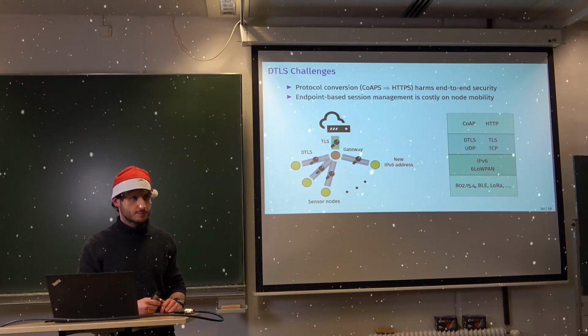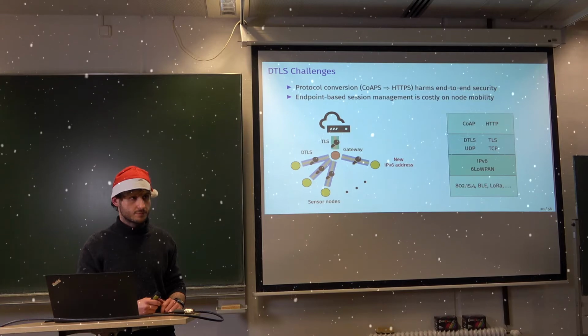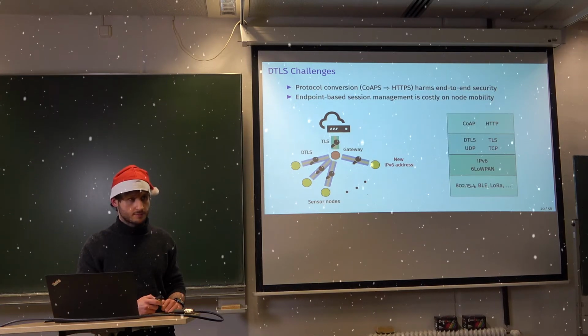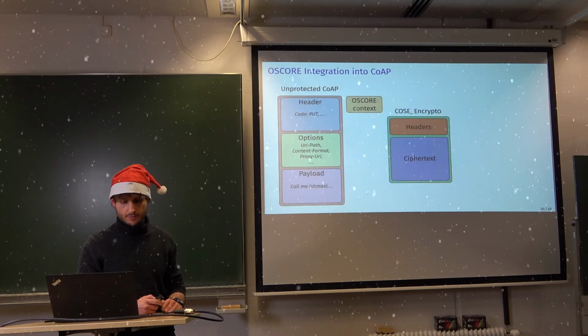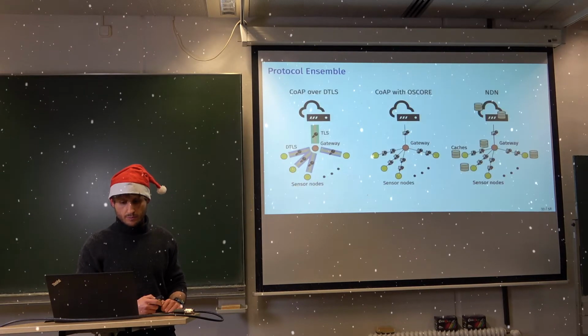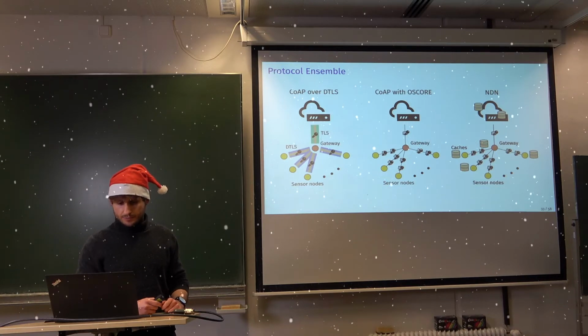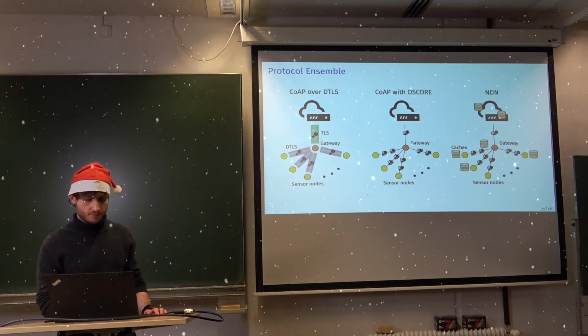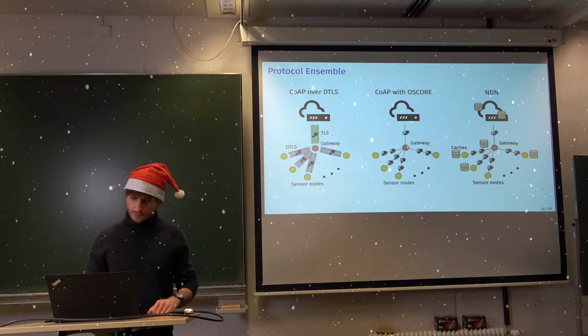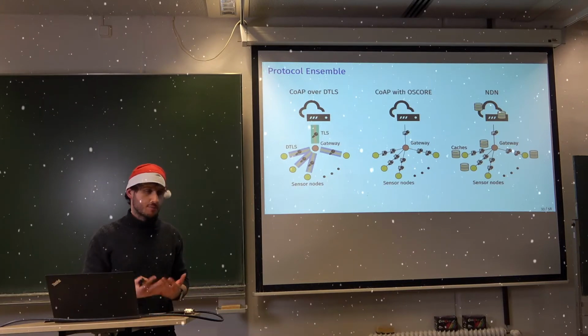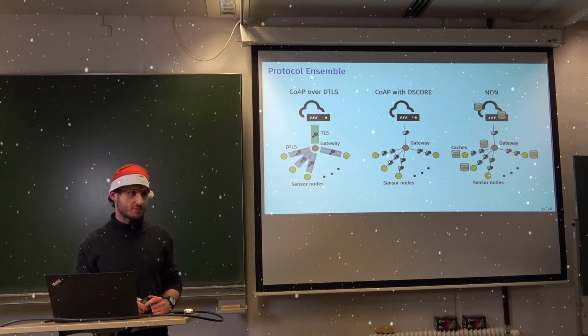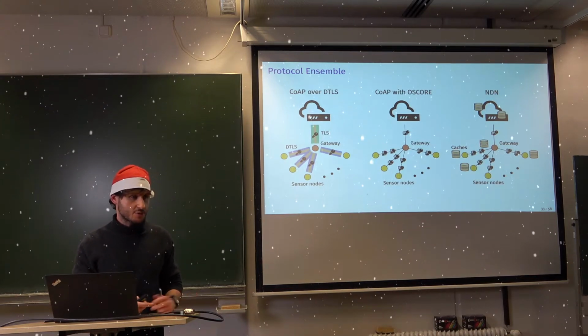Okay, cool. And for the NDN case, would you imagine that it's NDN from end to end, or would you also have a gateway that translates from NDN to HTTP? That's more tricky, because usually between the gateway and the cloud, it's basically the internet, and we don't have NDN in the internet. That's why I'm asking.